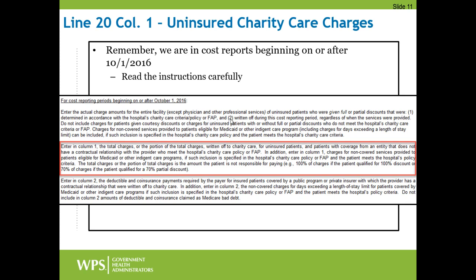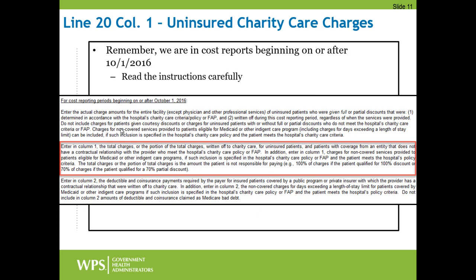Two, this is important as well, they have to be written off during this cost reporting period, regardless of when the services were provided. So they could be services from this year, written off this year. They might be services that were provided toward the end of last year, and it took a while to write them off to charity care. But for the instructions 10/1/16 and after, they have to be written off during the cost reporting period to be counted. So that's a key thing.